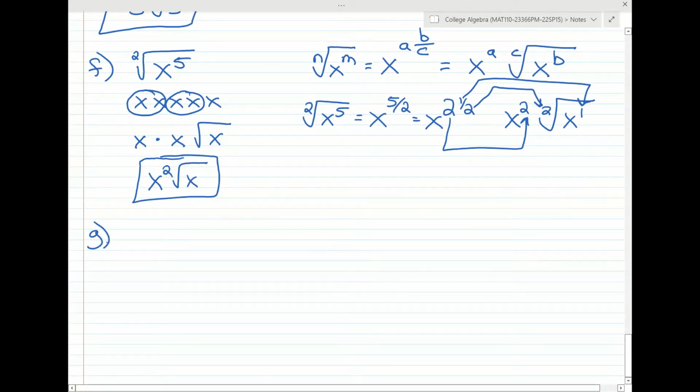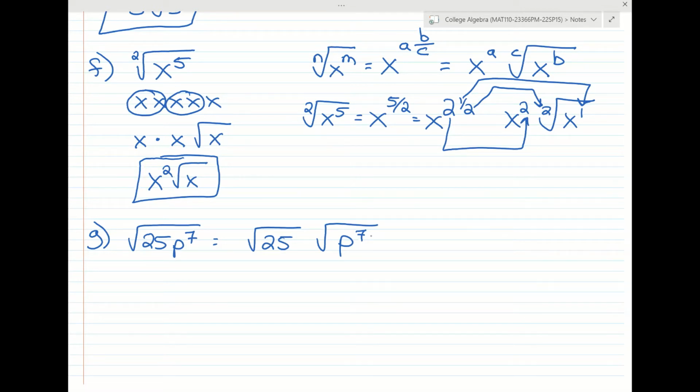What if we had the square root of 25 times p to the 7th? This is really 2 problems in one. We have the square root of 25 times the square root of p to the 7th. Just to separate it, the square root of 25 is 5.